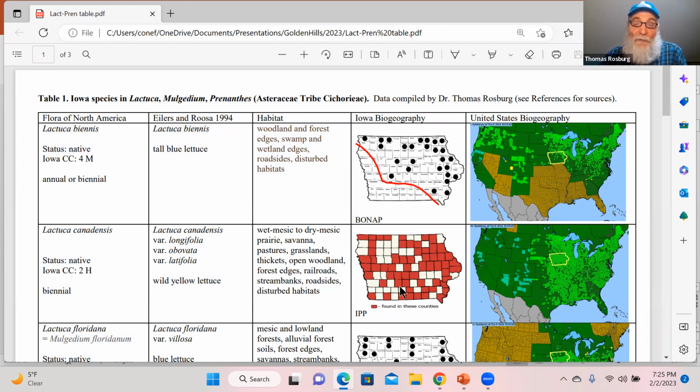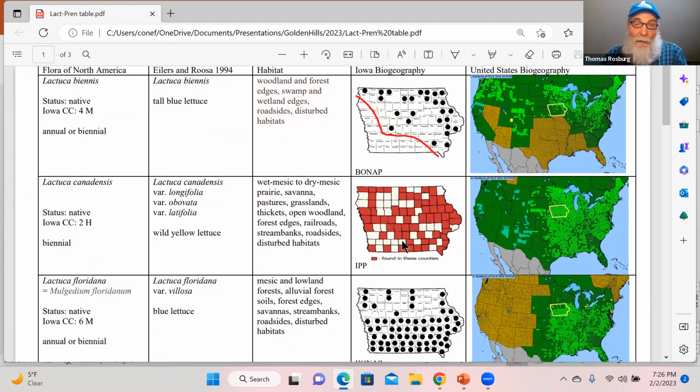So this is a better source, of course, because it does use Iowa data. The BONAP maps use Iowa data too, of course, but they will also use just anybody's species list that they get their hands on, which has resulted in certainly a few errors over the years. So IPP is Iowa Prairie Plants, it's a little bit better.